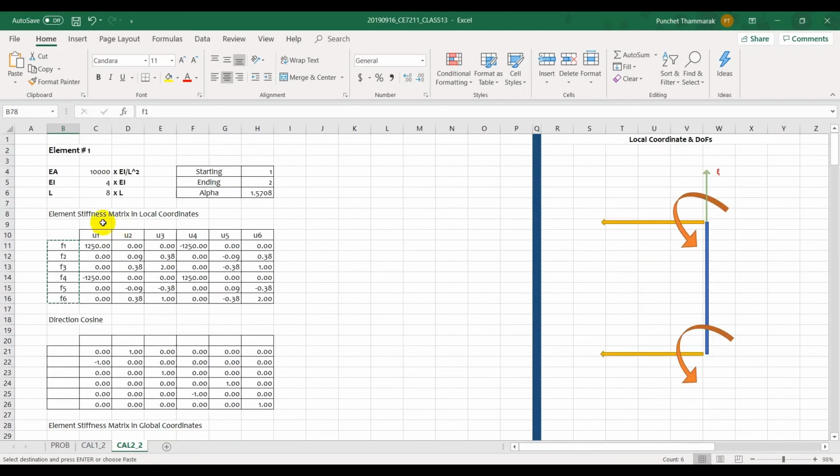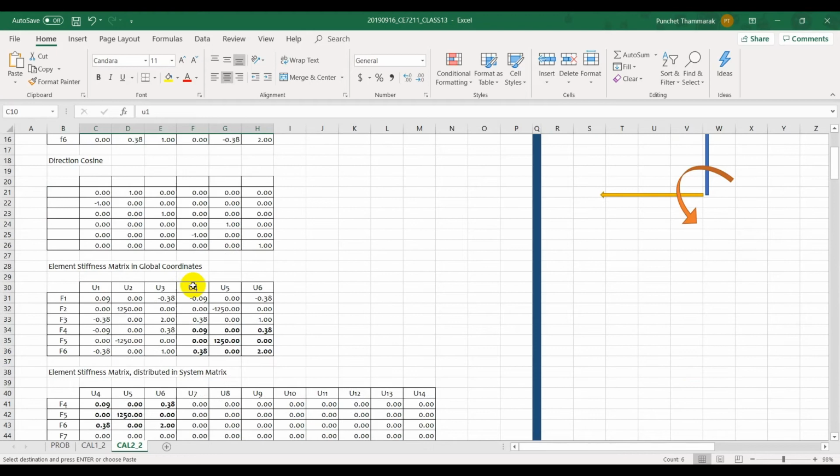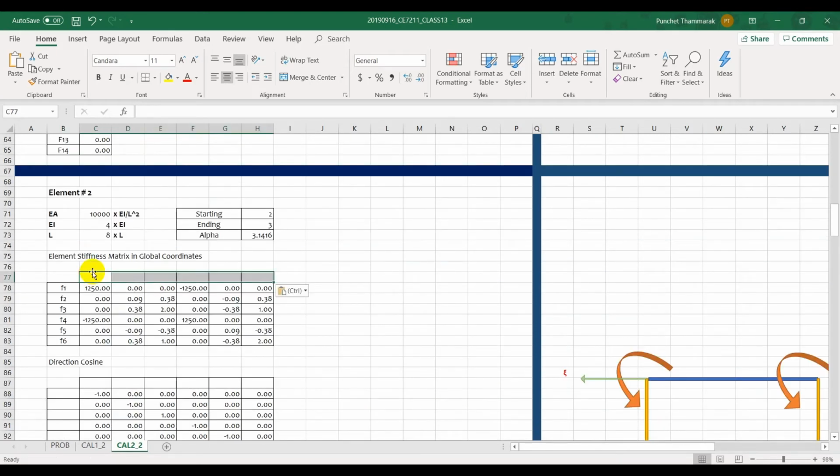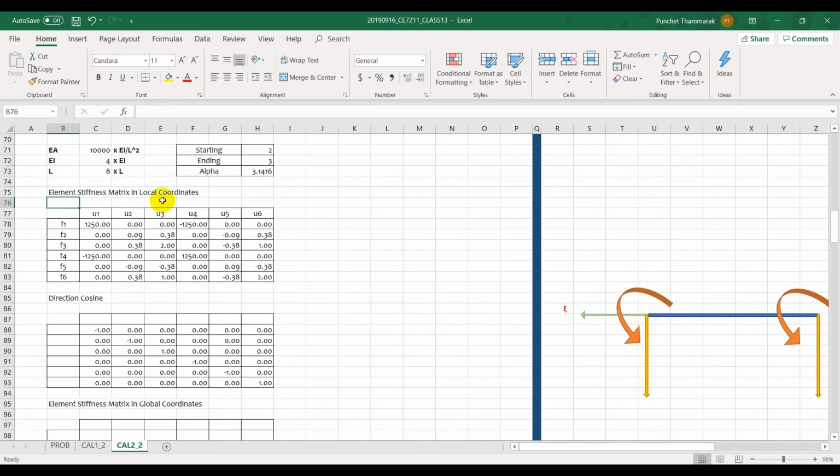So I set up the element stiffness matrix in local coordinate first. The angle is prescribed over here.